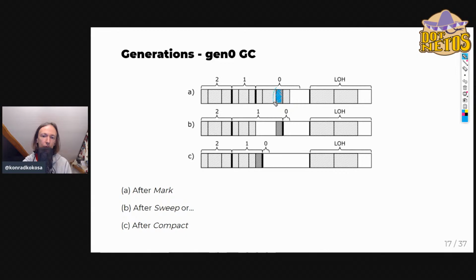Because we want to promote this object, we need to set the boundary of Gen 1 after this object. So now it means this object has been promoted from generation 0 to generation 1. Generation 0 is empty, and this is pretty typical because we expect nothing should stay there, because if something has survived Gen 0, it should be promoted to Gen 1, so Gen 0 should be empty.